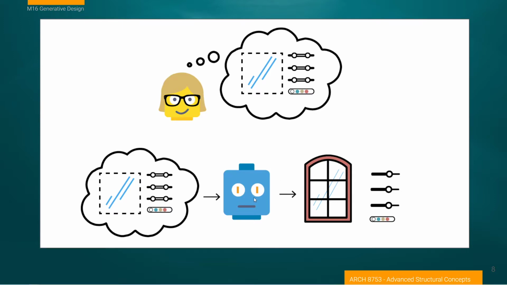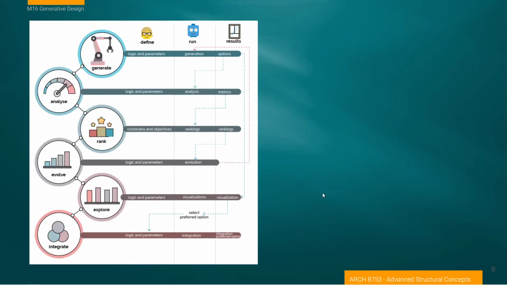They use this graphic here as the computational tool and then the output of an optimized design, so to speak. And typically in generative design talk, you generate ideas, you analyze ideas for optimizing them, you then rank them to figure out which one is better than the other according to the constraint systems.